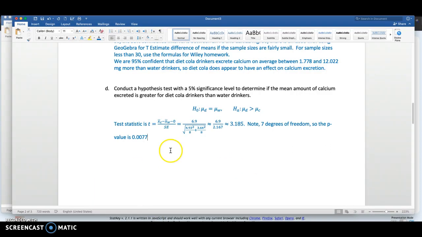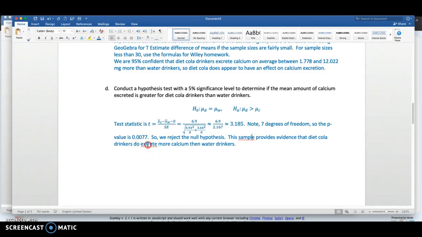Yep. All right, so we reject the null hypothesis. We have a p-value significantly smaller than our significance level, 5%. The sample provides evidence that diet cola drinkers do excrete more calcium than water drinkers.